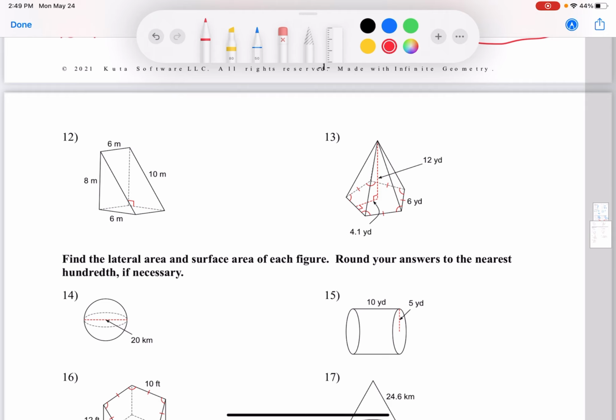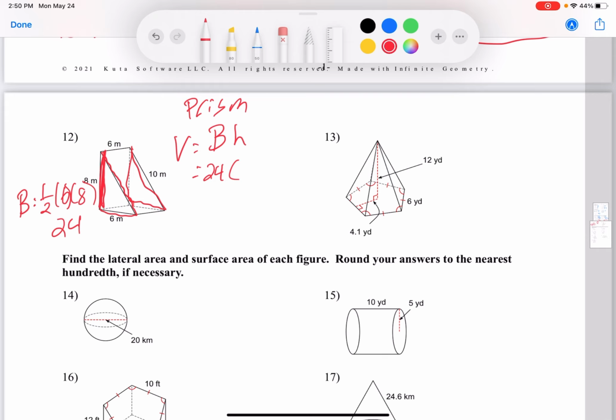So our bases are there and there, so it's a triangle. It's 1/2 of the base times the height. So our capital B in this case is actually 24. So the volume is going to be 24 times the height. Now the height is the distance from base to base, so the height of this is 6. So 24 times 6 is 144. So 144 meters cubed.